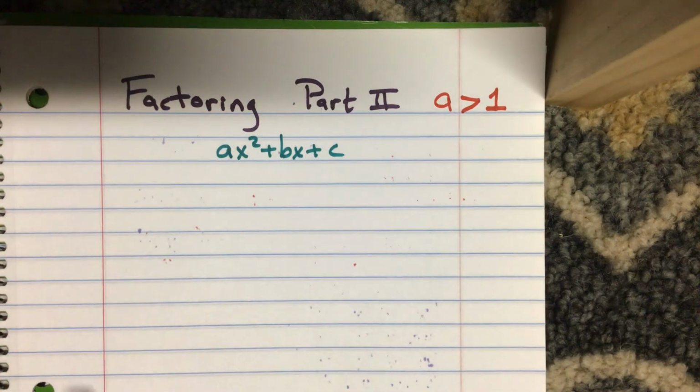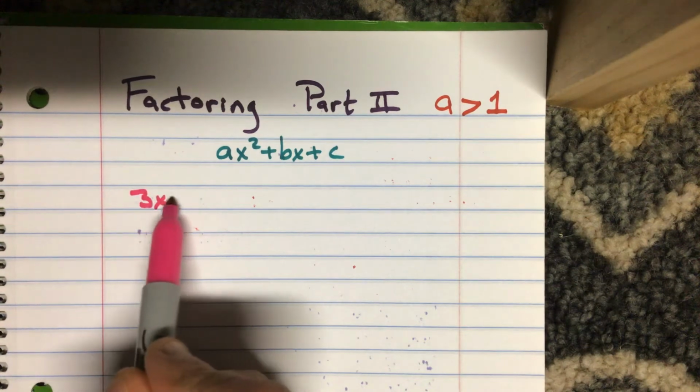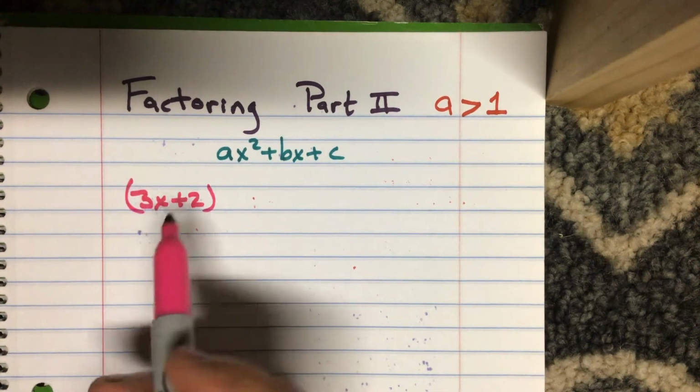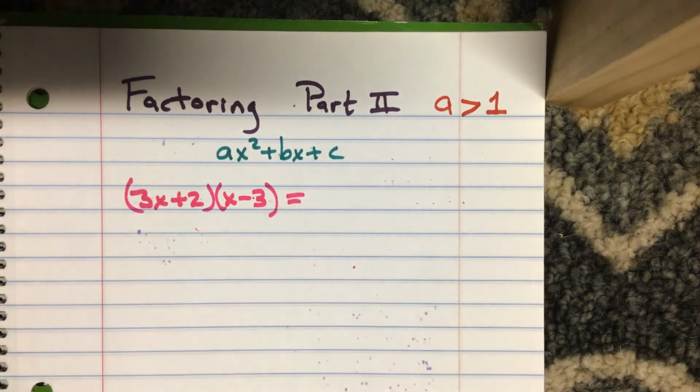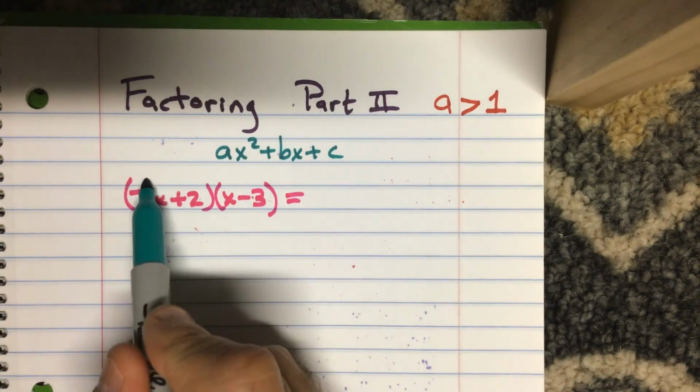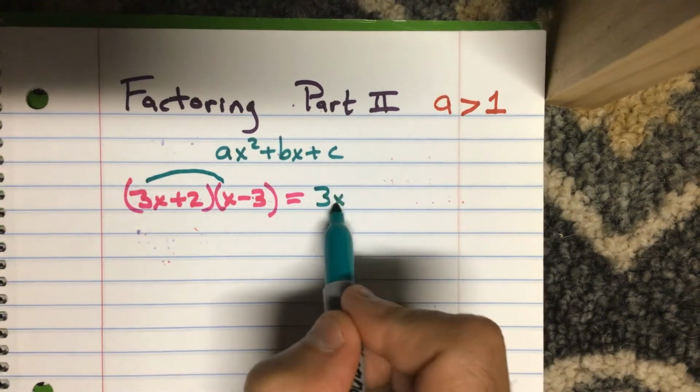So I'm going to start out like I did in the last one, where I'm going to show you distributing, and then we'll work backwards and try to factor this. If we want to multiply this out, I'm doing the FOIL again. The first, 3x times x, is 3x squared.